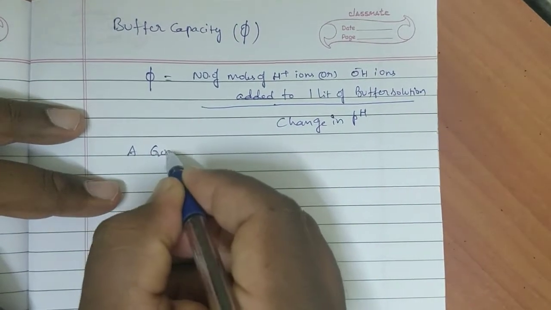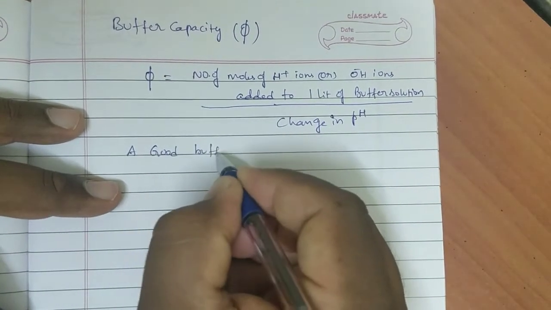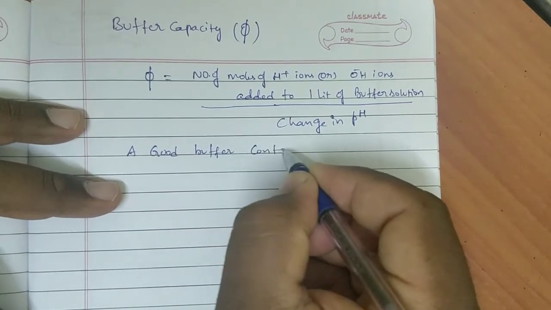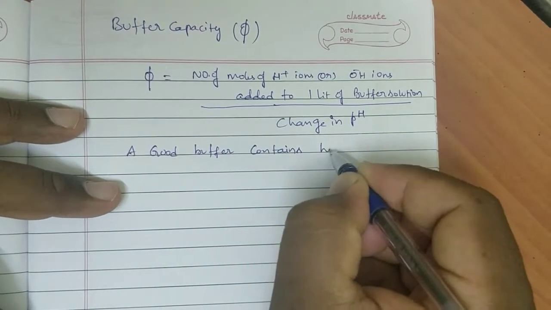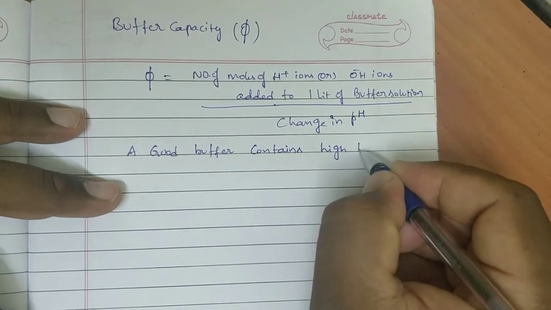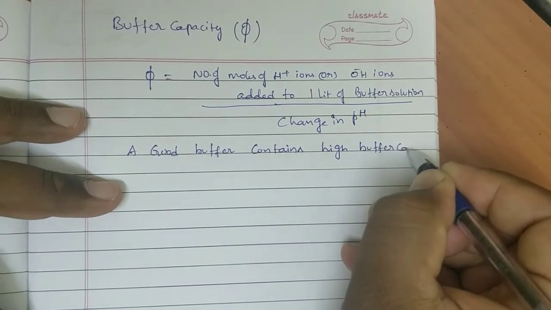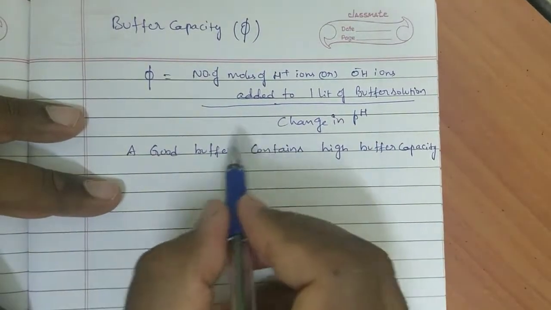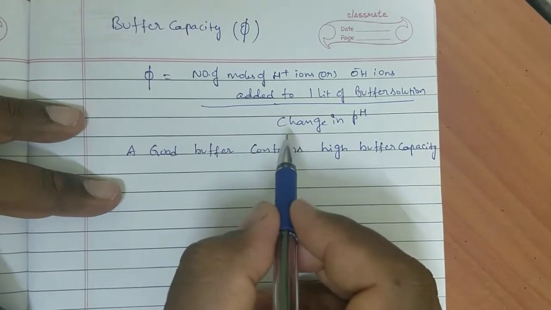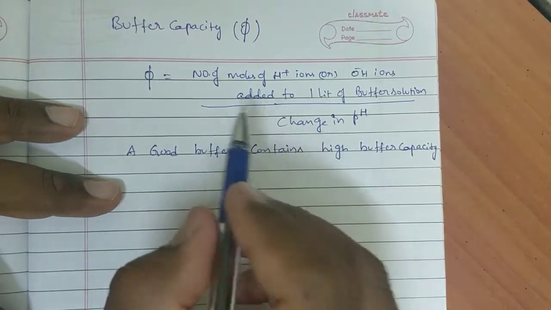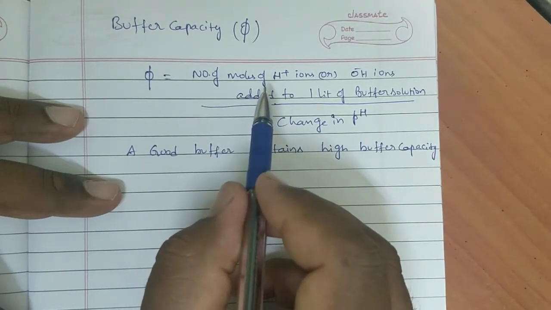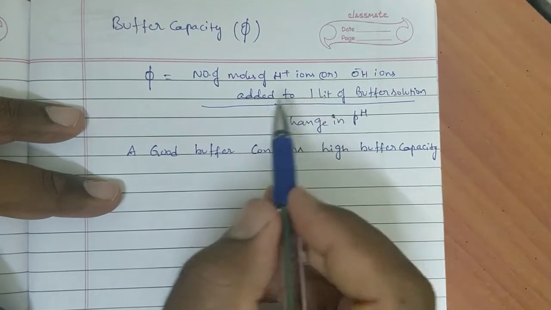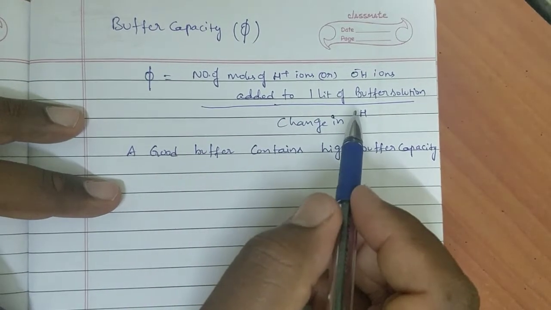A good buffer contains high buffer capacity, meaning for a good buffer, if you want to change the pH, more moles of H plus ions or OH minus ions must be added to 1 liter of buffer solution.